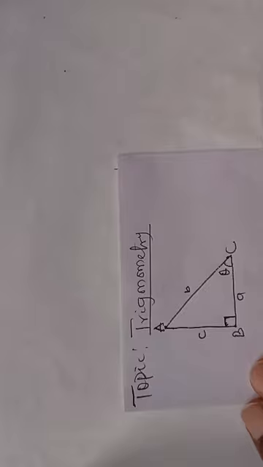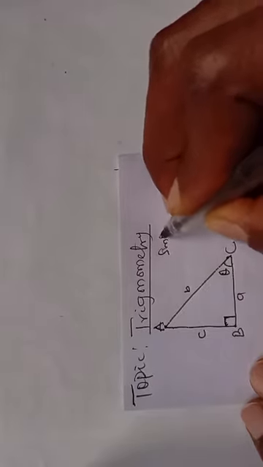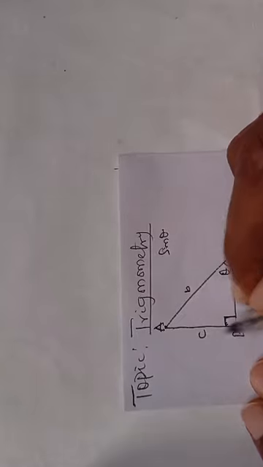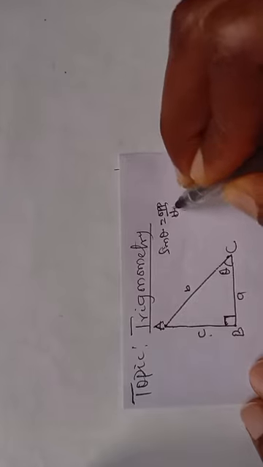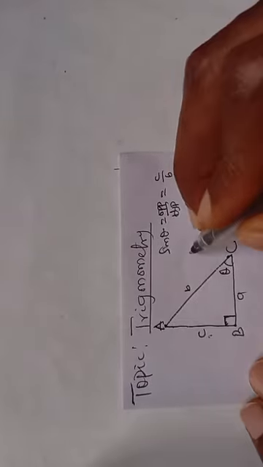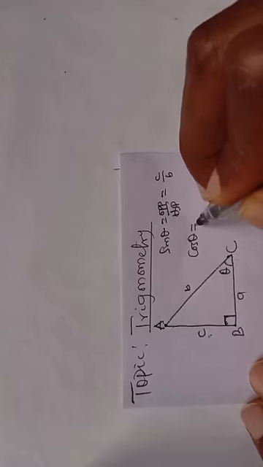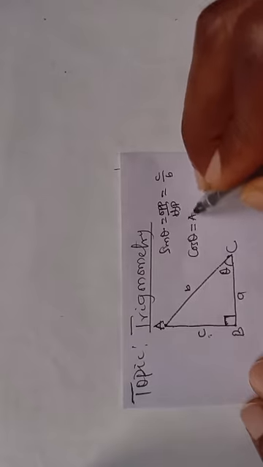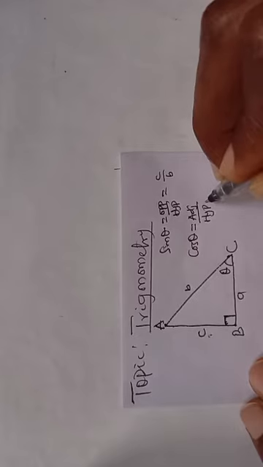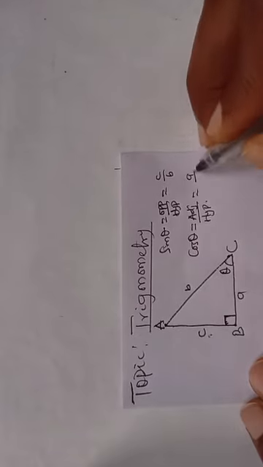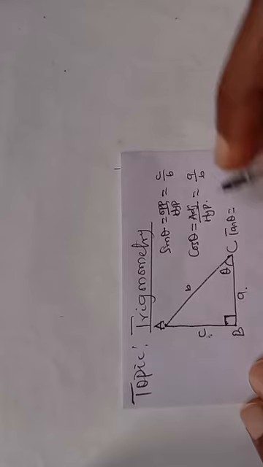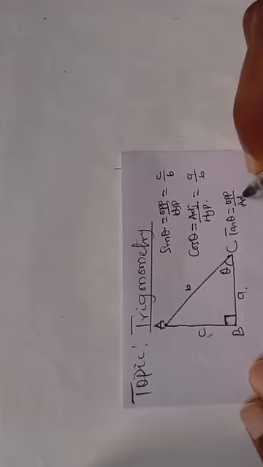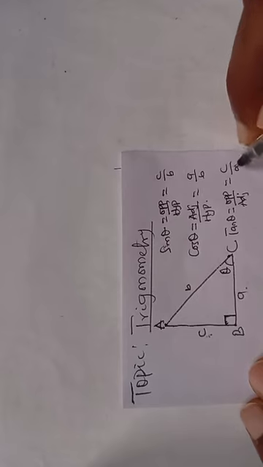We said that sine theta, if here is the reference angle, is opposite over hypotenuse, which is C over B. Then cos theta is adjacent over hypotenuse, which is A over B. Then tan theta is opposite over adjacent, which is C over A.